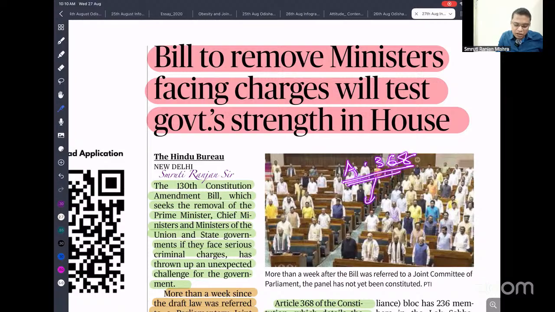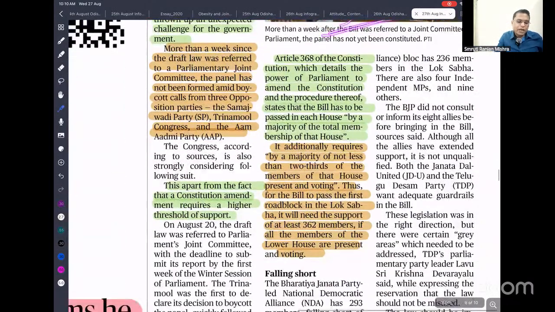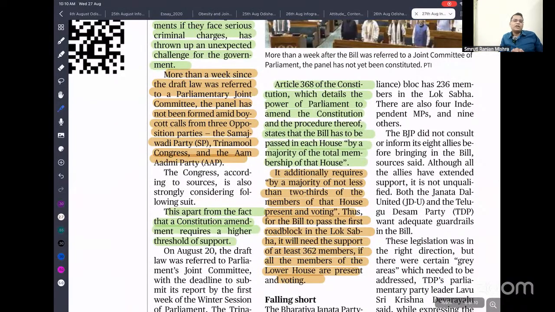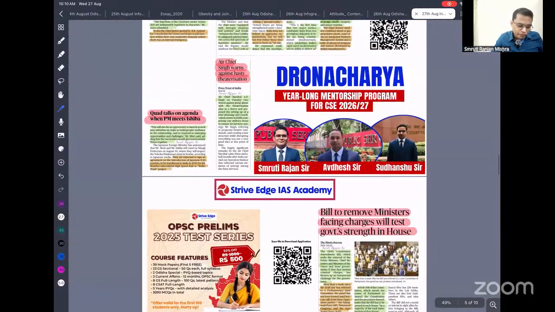Here we need voting of more than two thirds of the house, then only we can consider the bill passed. But currently the government is lacking that number in both houses, so that is the reason. So they need the support of the opposition, and the opposition is not in favor of this bill.